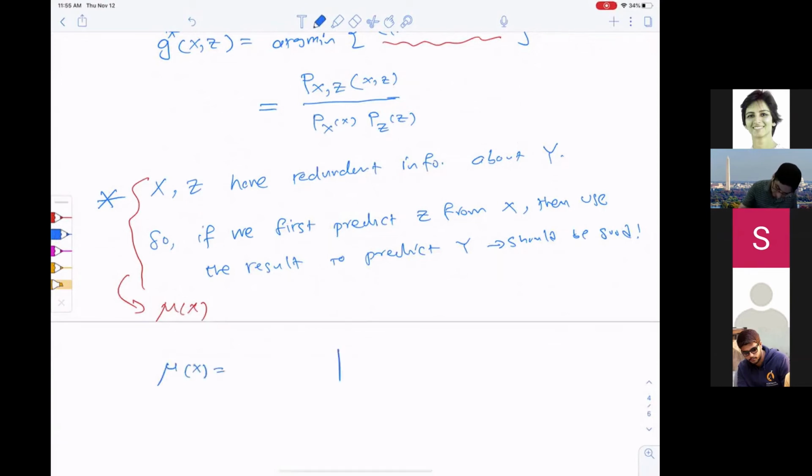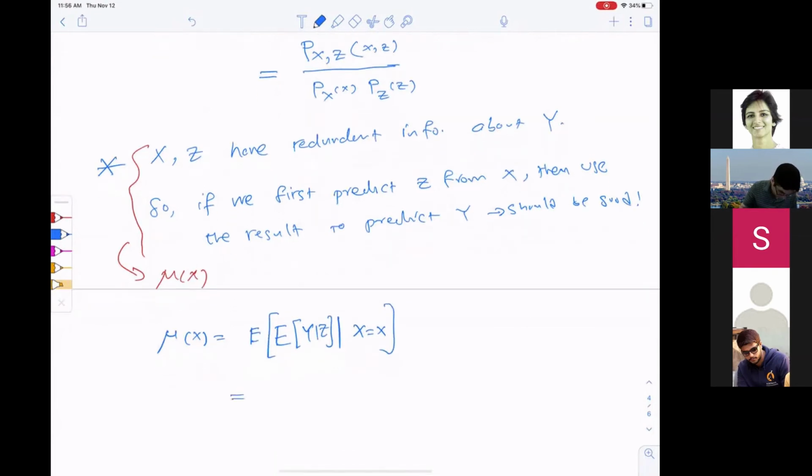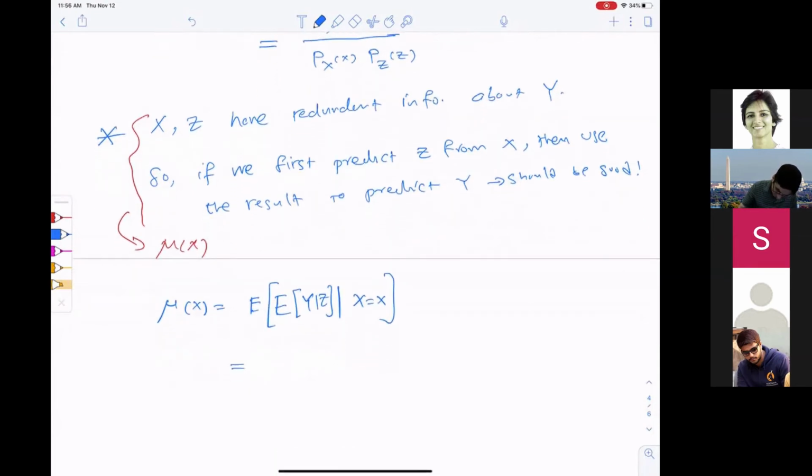I'm given an x, then I'm predicting z, and using that z, I'm predicting y. So I'm just going to look at the prediction of y given z. Let me open this up to be very clear what we mean. So I have an integration. I can obtain maybe very different values of z.